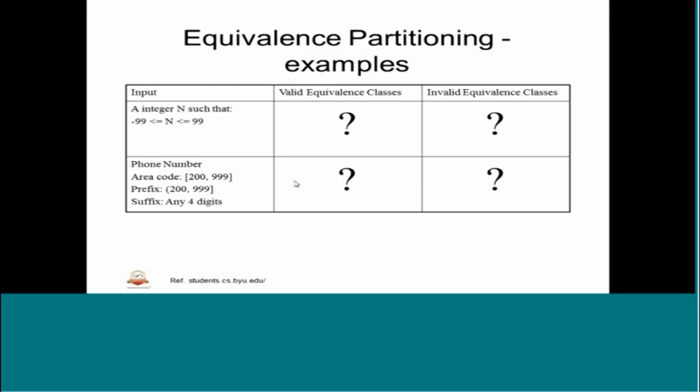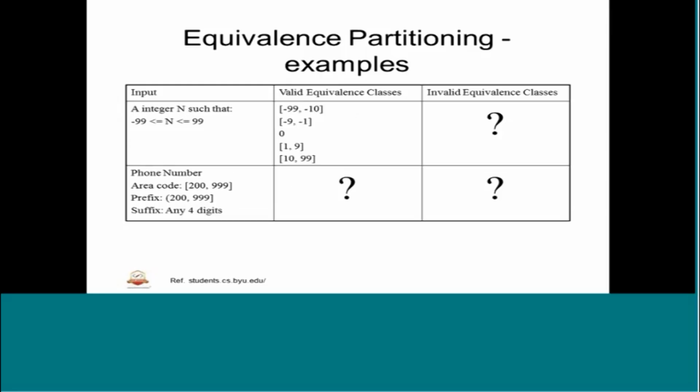Okay, the first one we will take. We know that n takes values from -99 to 99. That means the system is expected to take the input from -99 to +99.